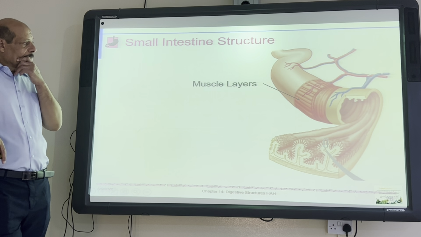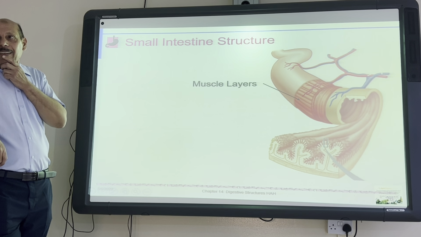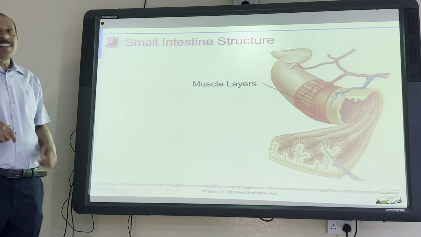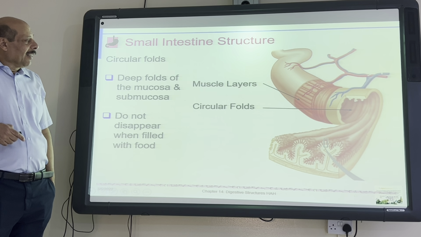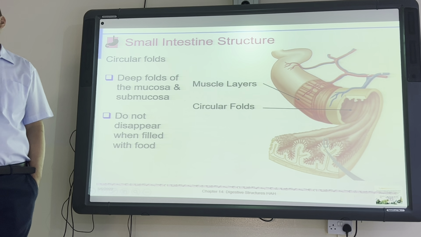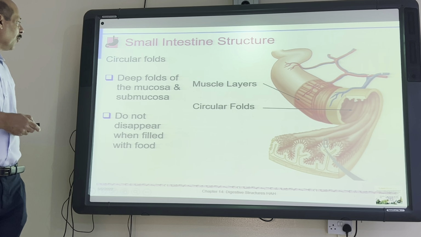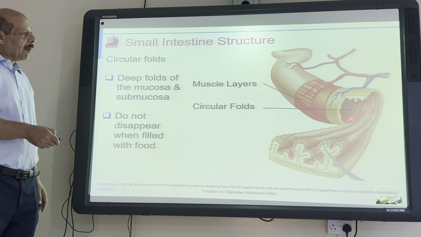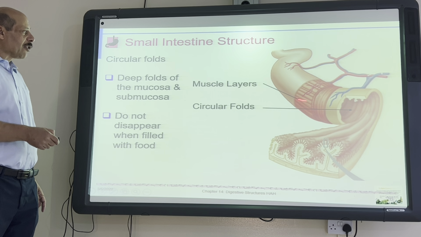If you come to the structure of the intestine, as we said, it is a tube that has almost 3 layers, as we mentioned before. So the mucosal layer, then the muscular layer.